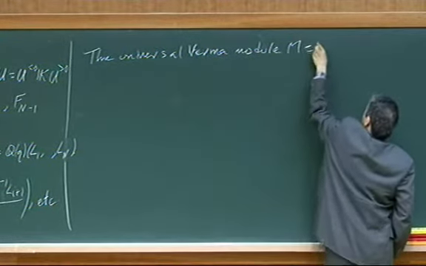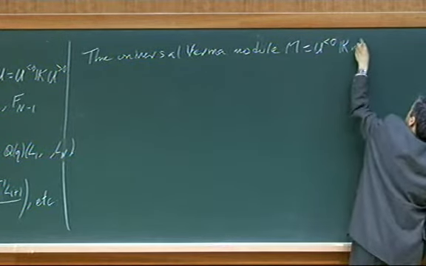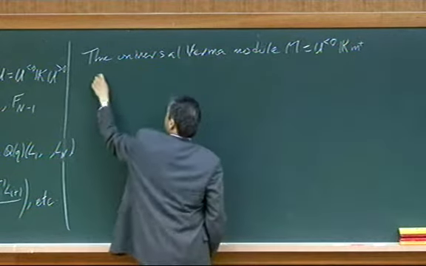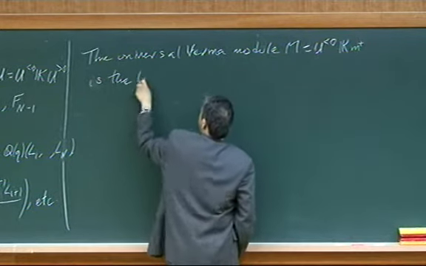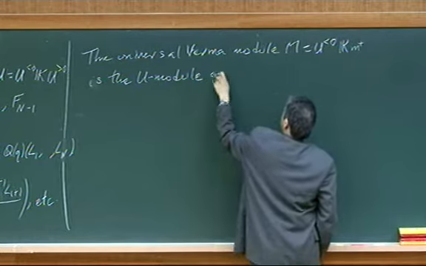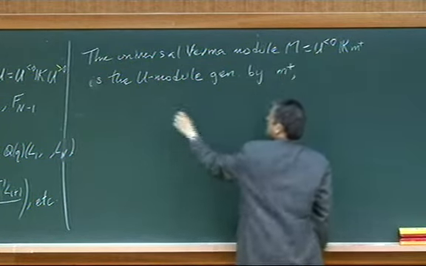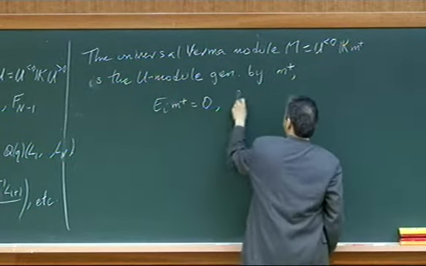M, looks to me like the negative part of the quantum group times a highest weight vector. So this is the U module generated by some vector m plus with e_i m plus equal to 0.